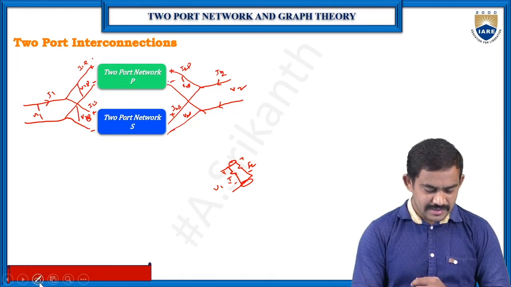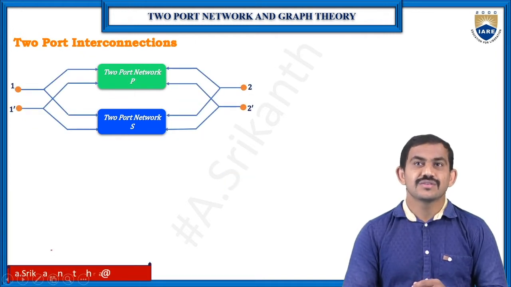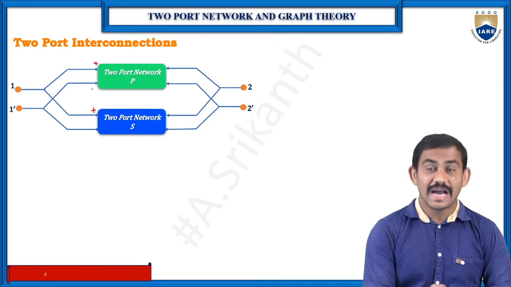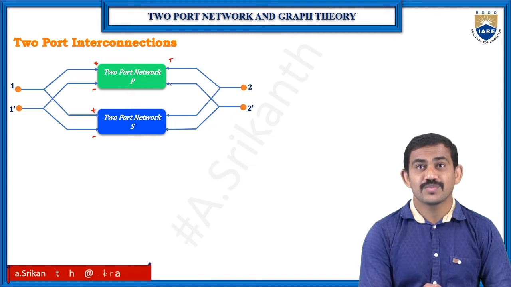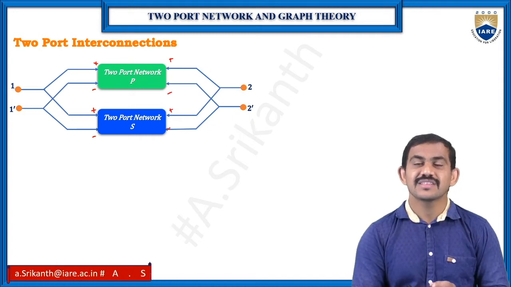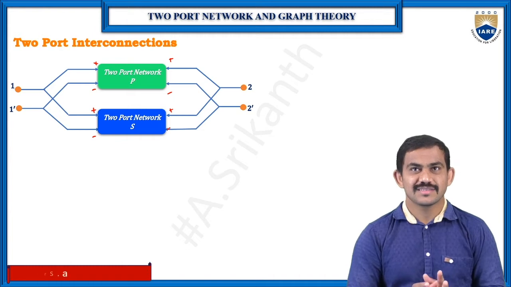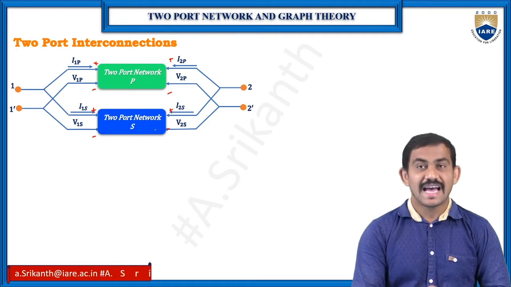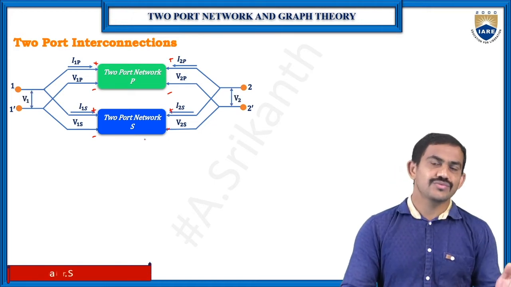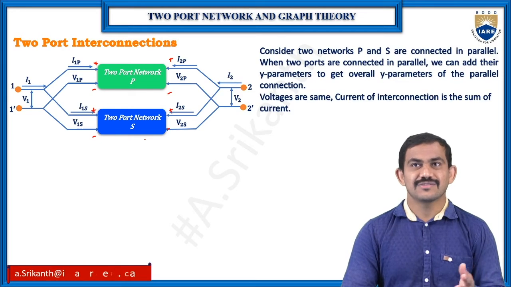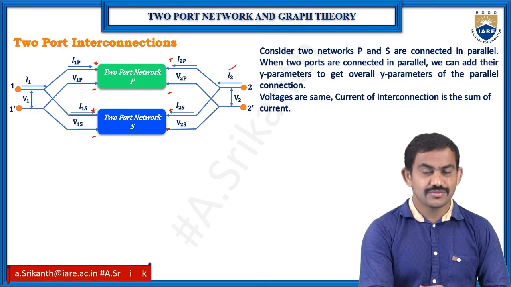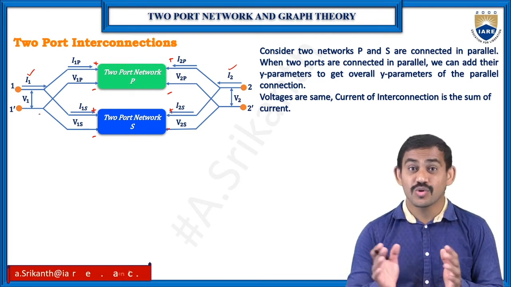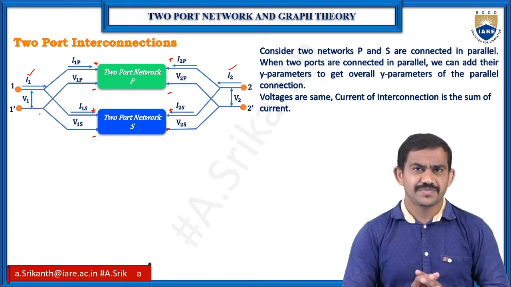Here we have two-port networks connected in parallel. Just observe positive and negative, and positive and negative. Now the values: the P network's values and the S network's values, and we need to find I1 as well as I2, because the voltages are the same when both are connected in parallel.